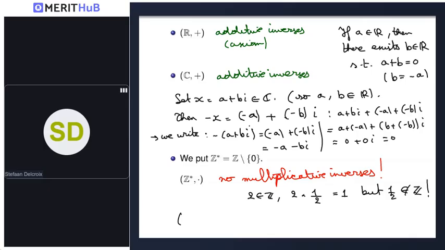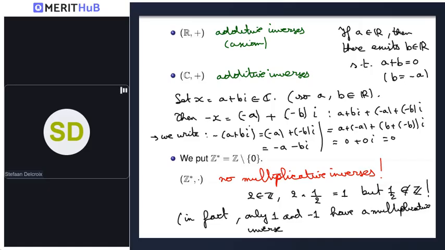So, in fact, only 1 and -1 have a multiplicative inverse that is an integer. So this is a very important example.